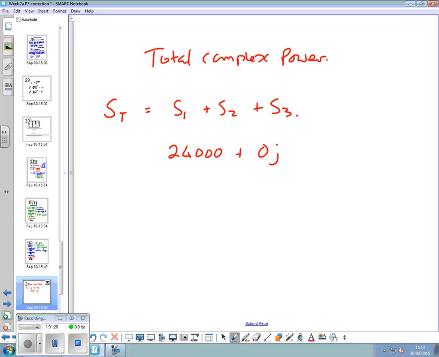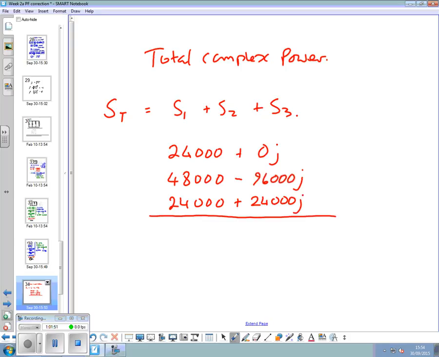That's S1, S2, and add up the columns. We get 96,000 minus 72,000J VA.